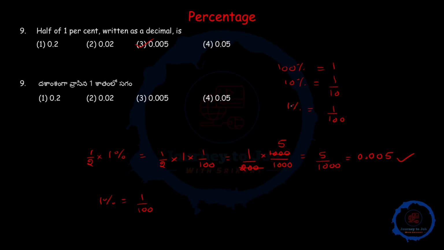This is percentage to fraction conversion. So similarly 1% is 1/100. Now half of that, half of 1% is 1/200, and 1/200 means simply multiply with 1000 and divide with 1000. So 200 1 ja, 200 5 ja. Similarly, we will get this.